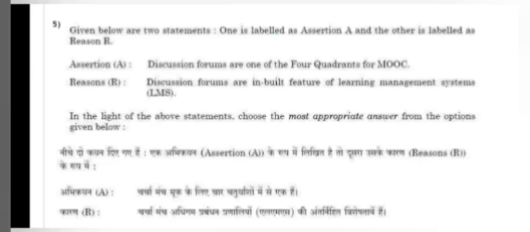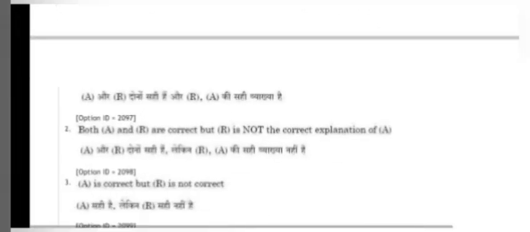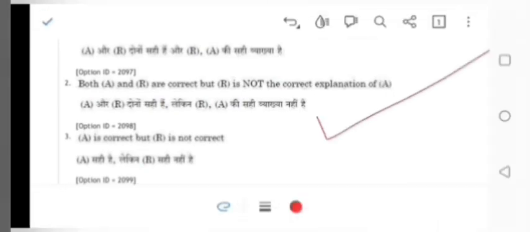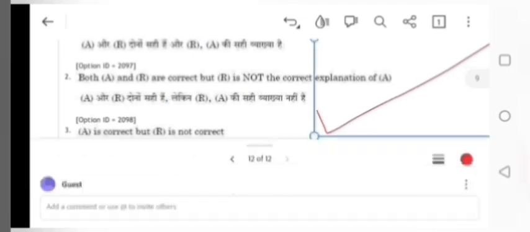Reason R is saying discussion forums are an inbuilt feature of learning management system, in short LMS. In the light of the above statements, choose the most appropriate answer from the options given below. The correct option will be both assertion and reason are correct, but reason is not the correct explanation of assertion.